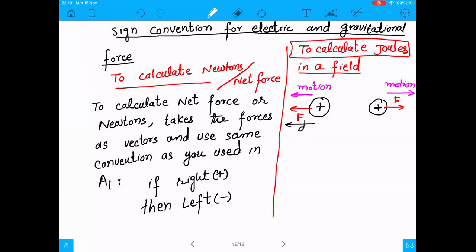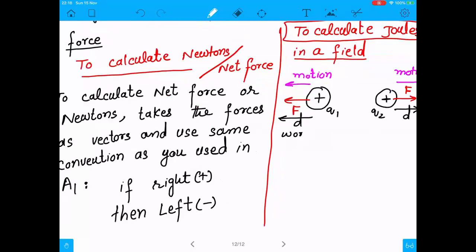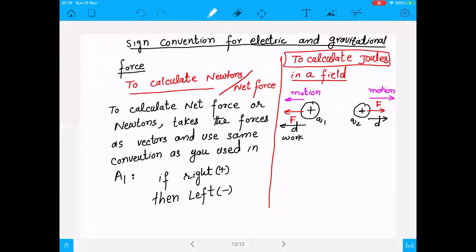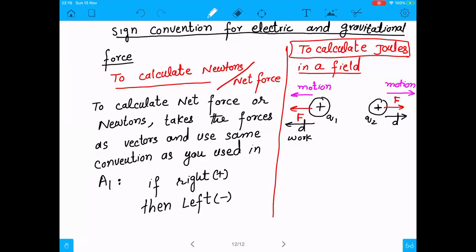So this is their displacement vector. When they move outwards, for example, this is Q1 and this is Q2. You see, for Q1, the motion and displacement are in the same direction, so for Q1 the work will be positive. What about Q2? Even for Q2, the work is positive.